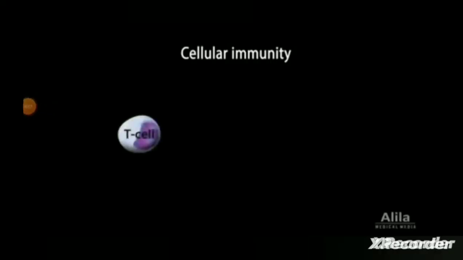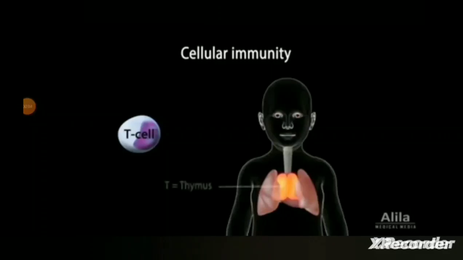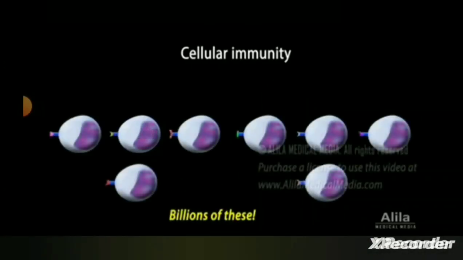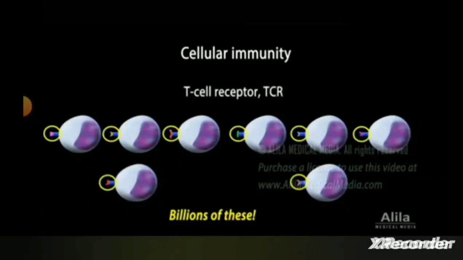Major cells of cellular immunity are T lymphocytes. T lymphocytes develop in the thymus. During maturation, variations arise in T cells due to different types of surface proteins. These surface proteins are called T cell receptors.